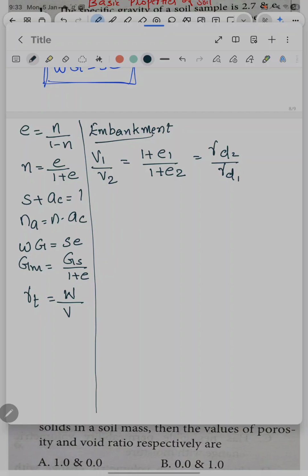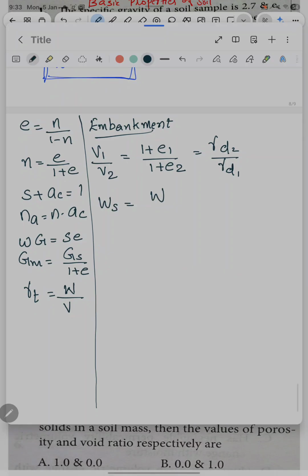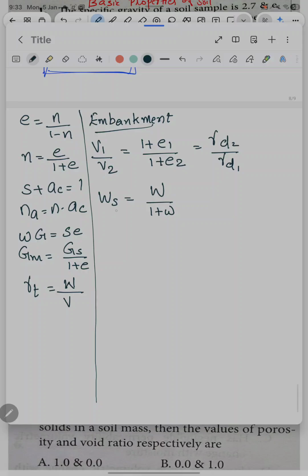The next equation is weight of solids. Weight of solids is total weight divided by 1 + w. This is the relationship between weight of solids and water content. If weight of solids and total weight are given, we have to find the water content.